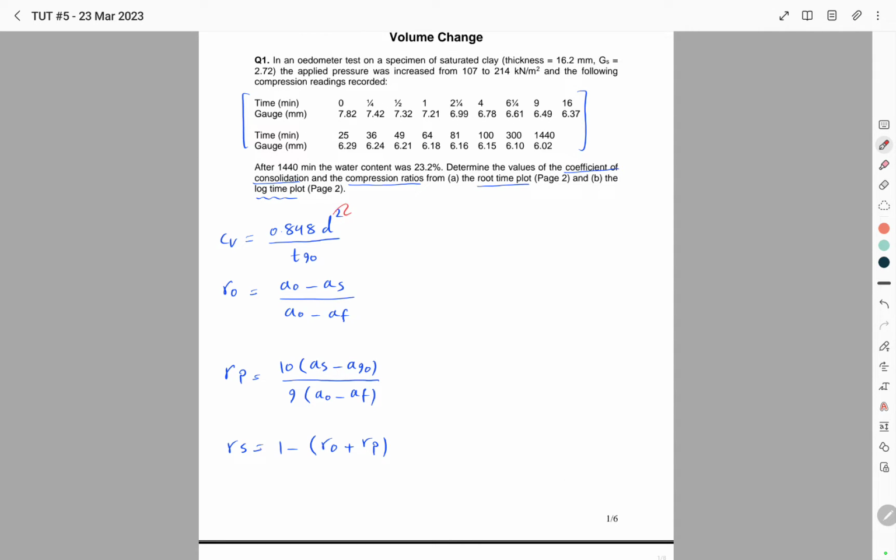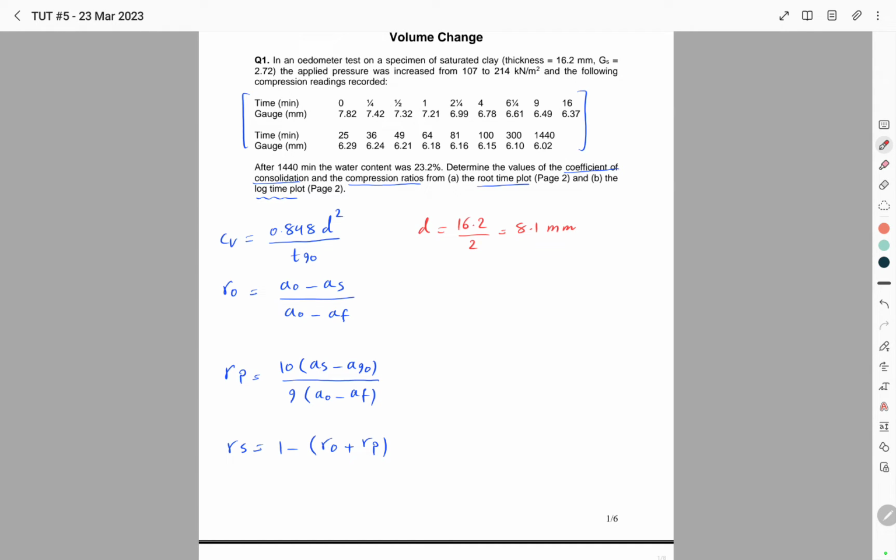So the value of D, which is the length of your drainage path, is basically half of the thickness of your specimen. So it's 16.2 divided by 2, which is 8.1 millimeter.